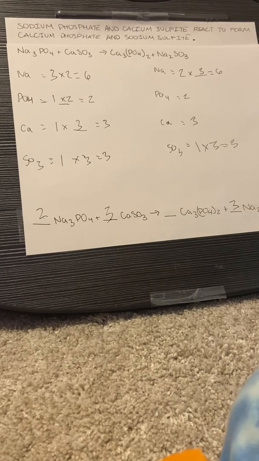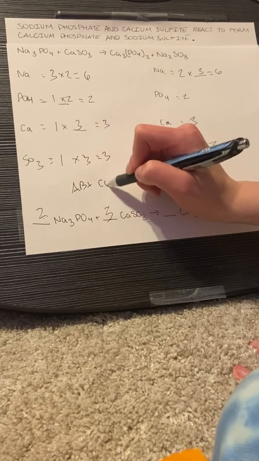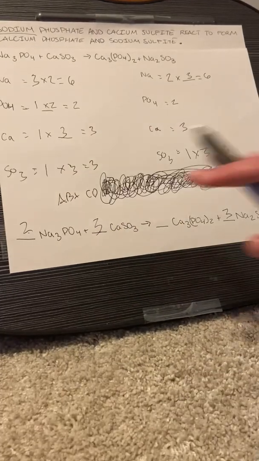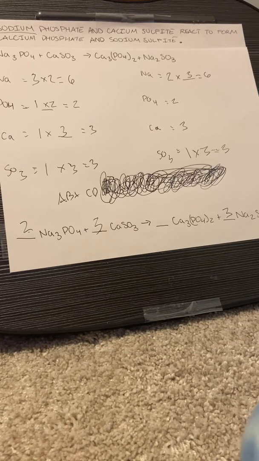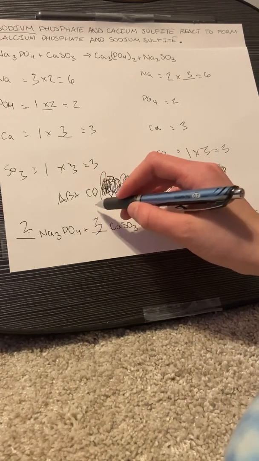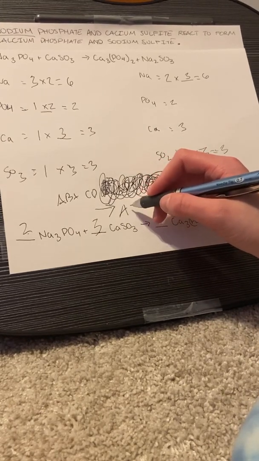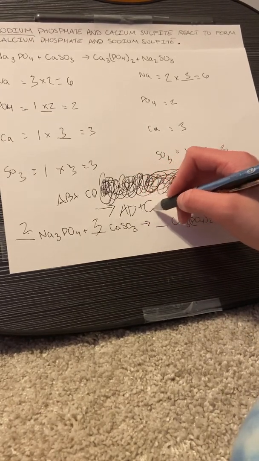And then the type of reaction for this is going to be double replacement, because we have AB plus CD, and then we have our arrow, AD plus CB.